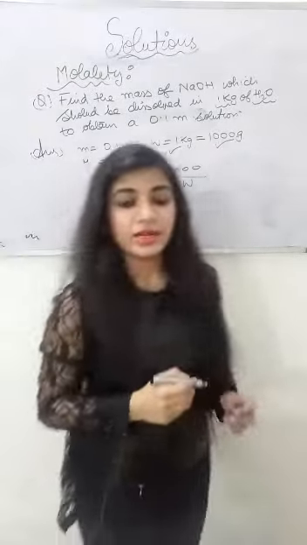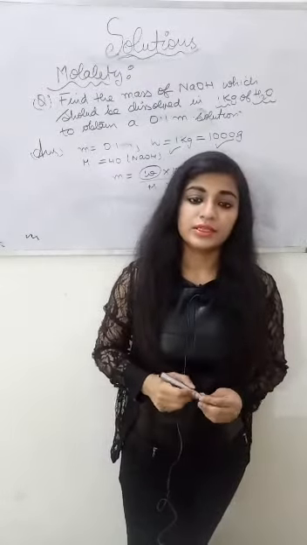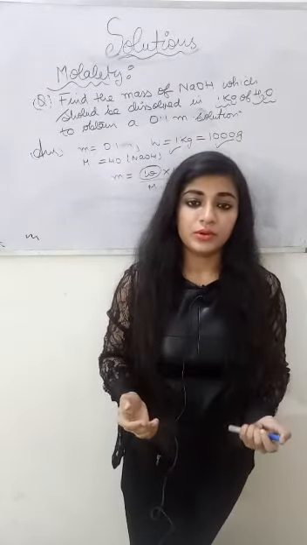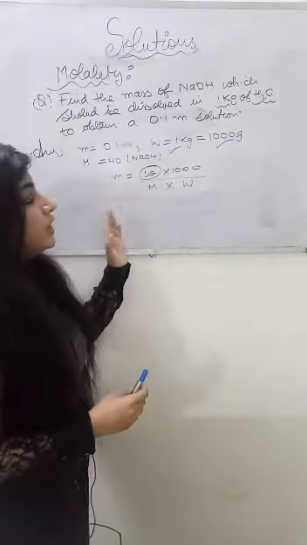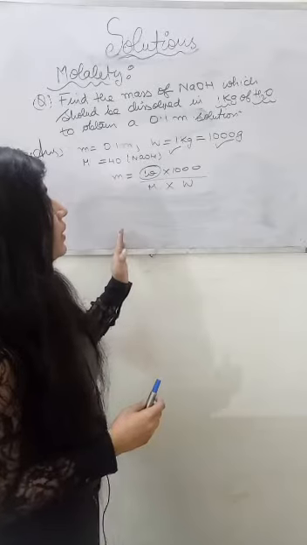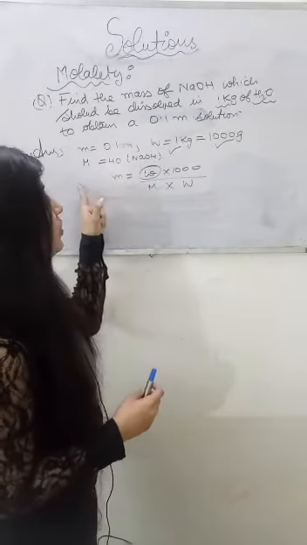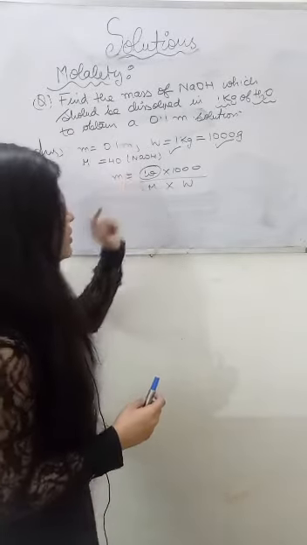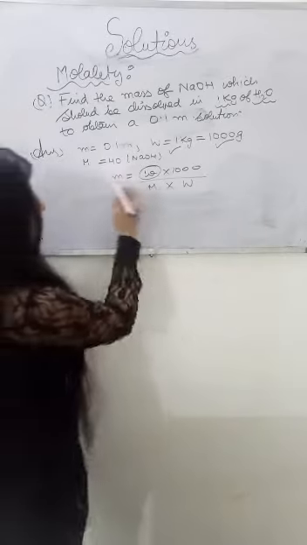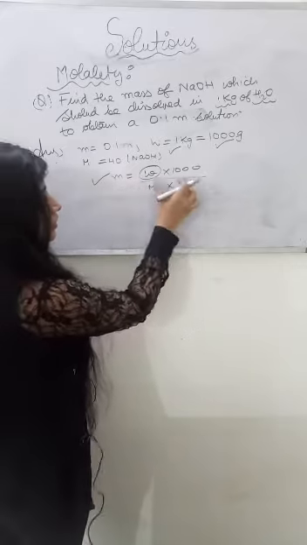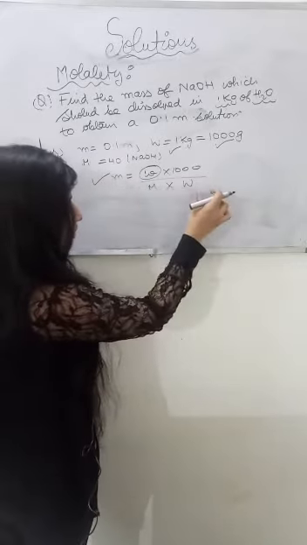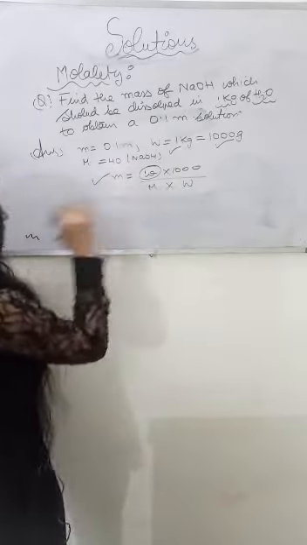Molecular weight, that I already discussed in the molarity, how to know the molecular weight of the given compound. The same formula you are going to apply over here. The molecular weight of NaOH will be 40. So now we are going to apply the formula of molality first, that is m equals W into 1000 by molecular weight into weight of the solvent.